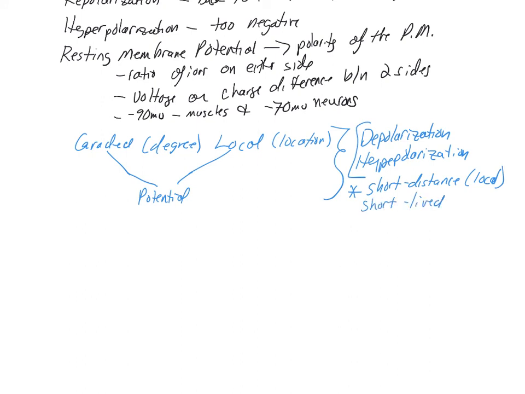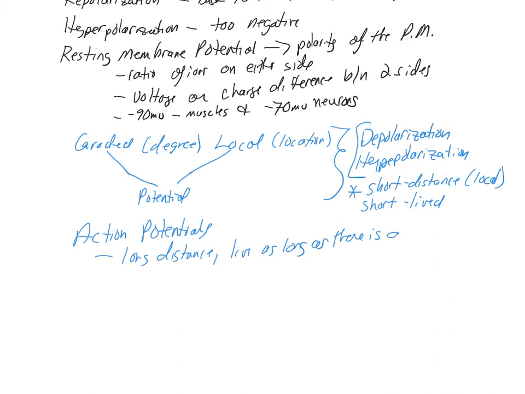In contrast, action potentials go a long distance. They're going to live as long as there is a path, because they are self-propagating. Also, they open voltage gates, which means once they start, they do not stop.